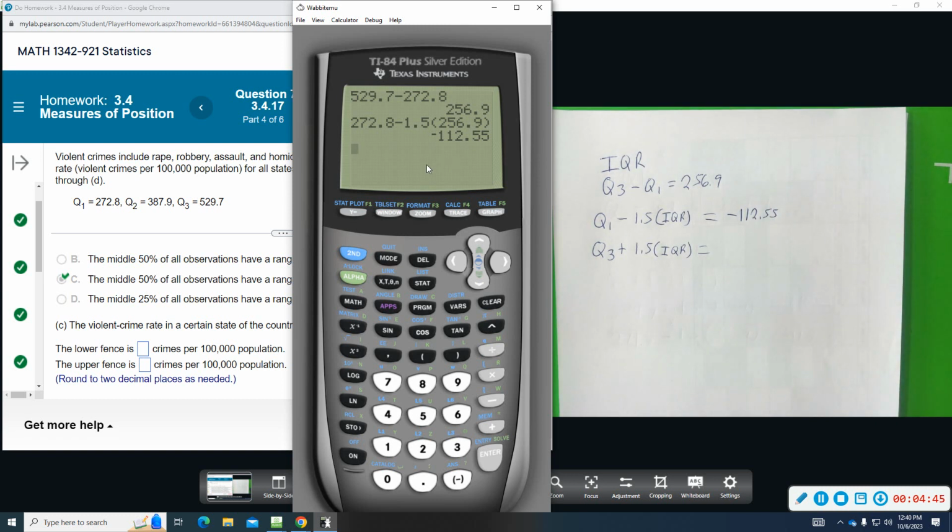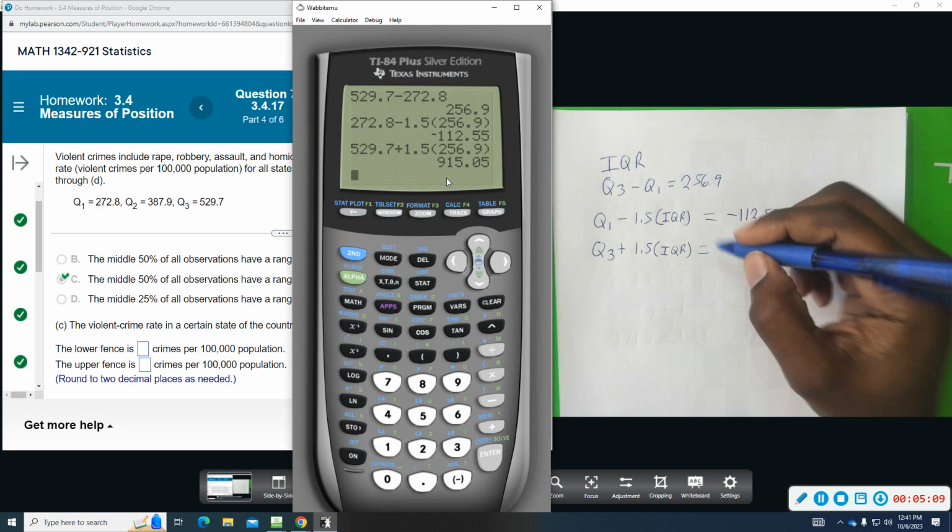Okay, and then we will compute the upper fence. Recall it's going to be 529.7 plus 1.5 times the interquartile range, which is 256.9. And it gives us 915.05.